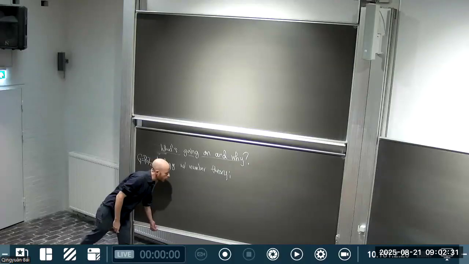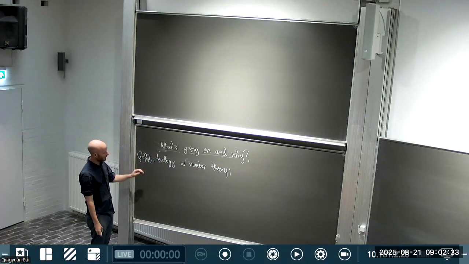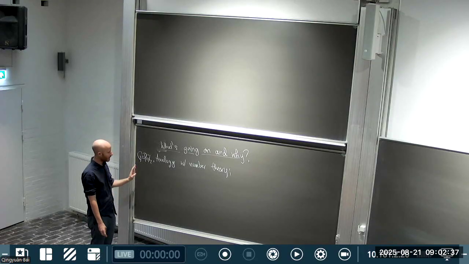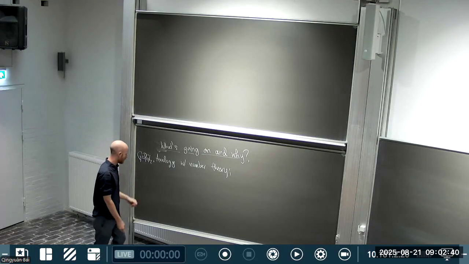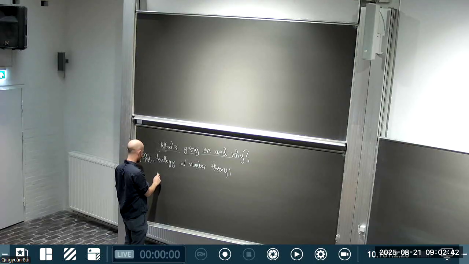So the analogy with number theory: in Gravere's talk, we all learned about real analytic modular forms. I'm going to talk a little bit more about holomorphic modular forms because that one is more explained. So the analogy with number theory is like the following.